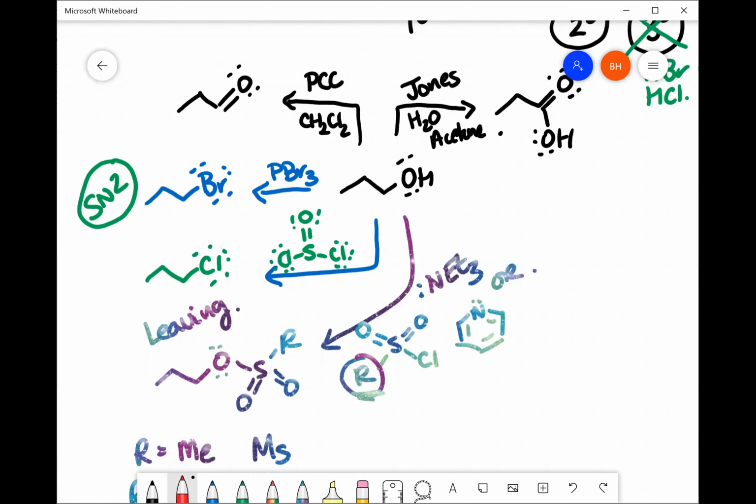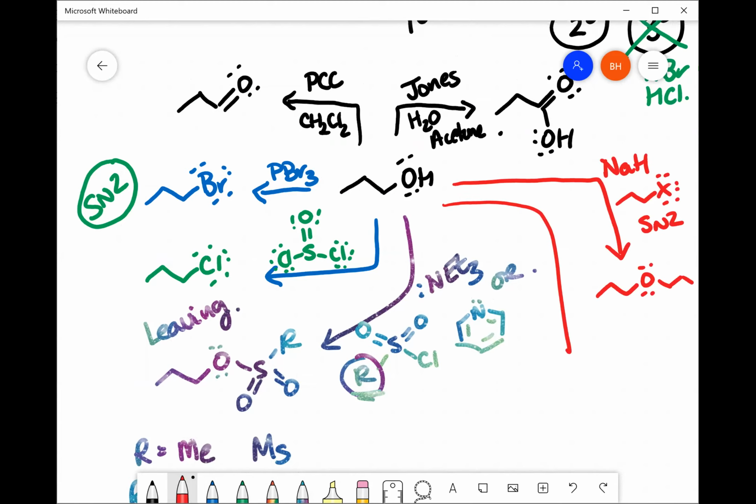Then what else did we do? We could make ethers, right? NaH, RX, what we just did. This is SN2. That's one way to make an ether.